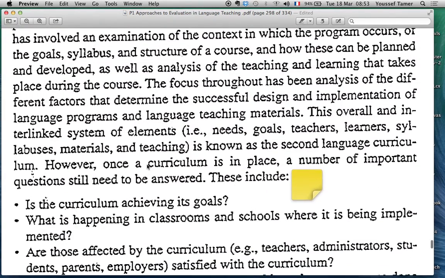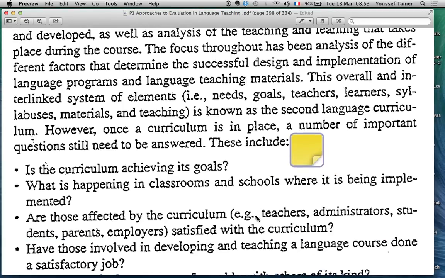So the first thing that should be mentioned in here is the questions, okay, so we have the questions raised regarding curriculum and that lead to evaluation. So why do we go to evaluation? Why is that? So the first kind of question we can refer to here is: is the curriculum achieving its goals? Does it achieve the objectives?